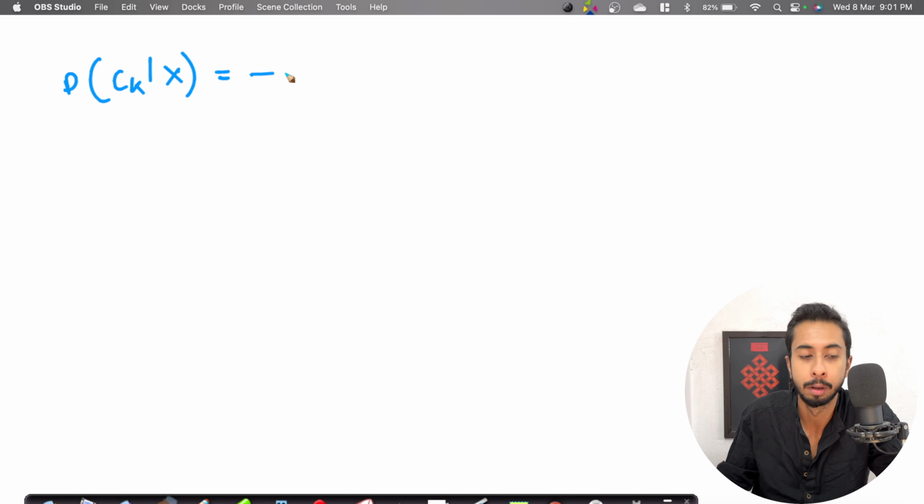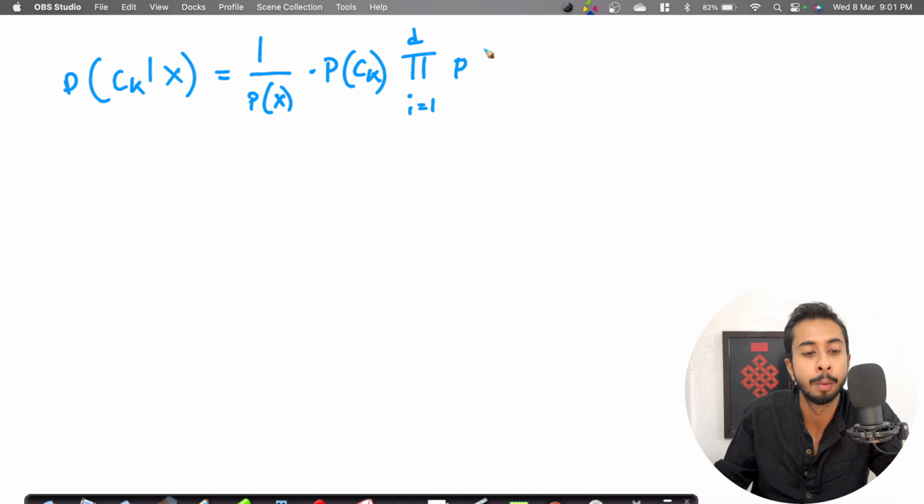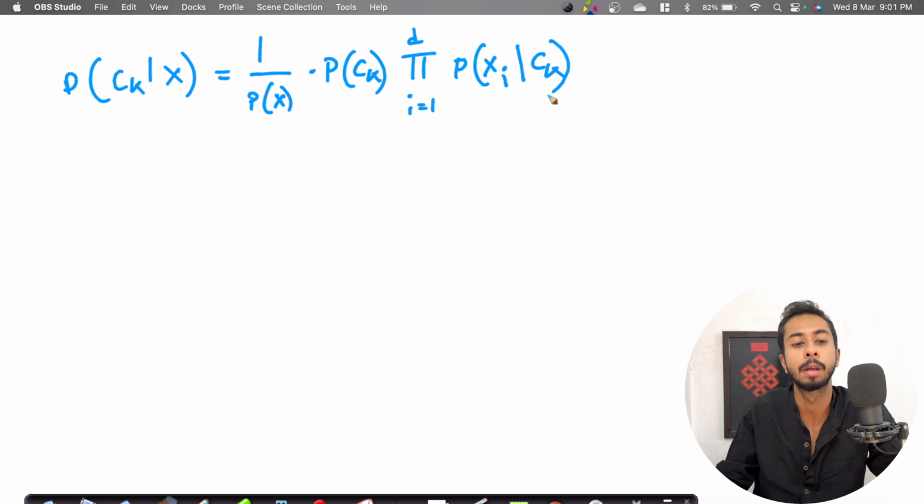It is nothing but 1 by p of x multiplied by probability of ck, and then we have a product going from i equals 1 to d of probability of xi given ck. How did I write this? This is what we got now, probability of xi given ck.